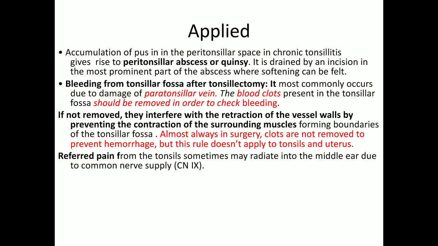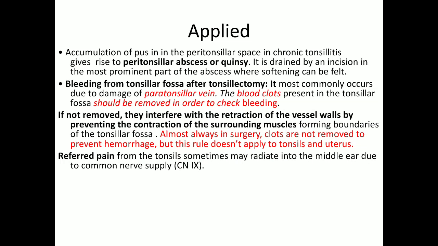And we have discussed that the bleeding from the tonsillar fossa after tonsillectomy is from the paratonsillar veins which are present in this space, and in order to stop bleeding we have to remove the blood clots which are present in the tonsillar fossa.